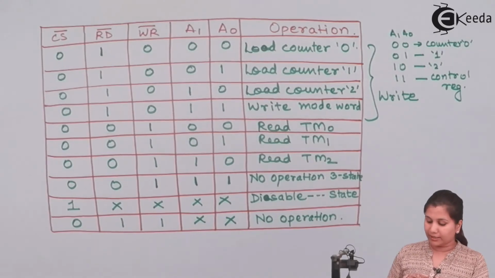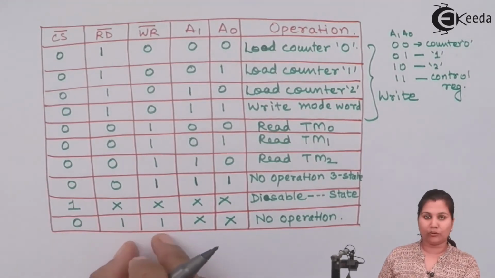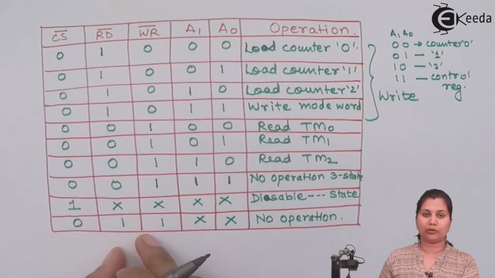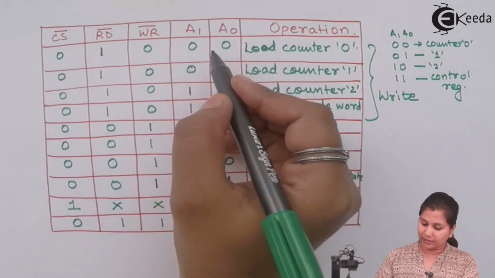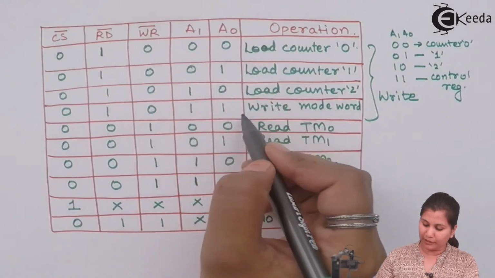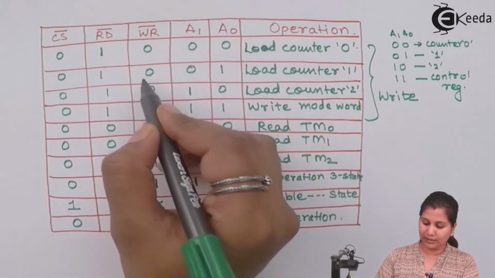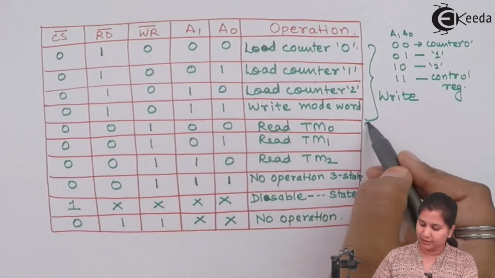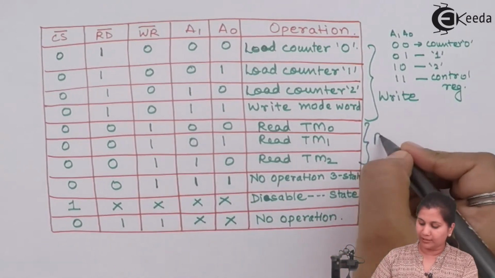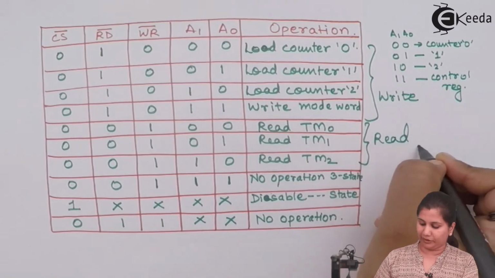Any one of these signals has to be low to perform a read or write operation. So in these four operations they are write operations, because the write signal is activated, and these three are read operations, because the read signal is activated.